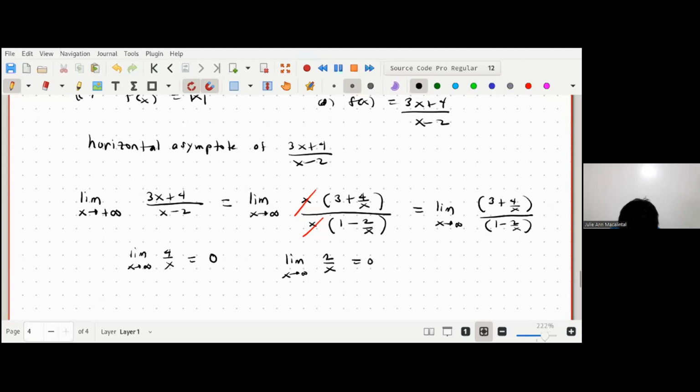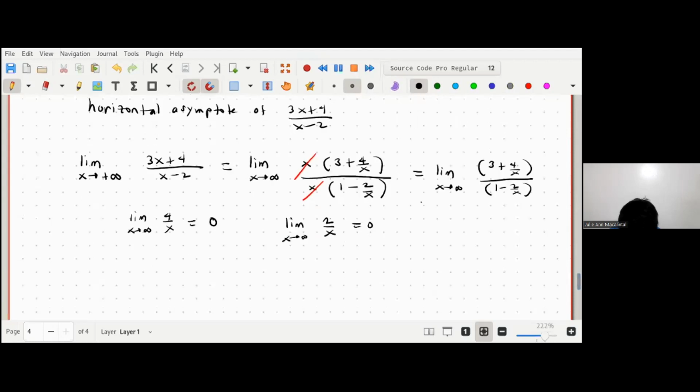So 0 din yan. So using that, yung behavior ng quotient, ganito. So the quotient behaves like, so ito goes to 0, ito goes to 0, tapos may iwan 3 over 1 or 3 lang. Which agrees with yung nakita nating behavior from the graph.